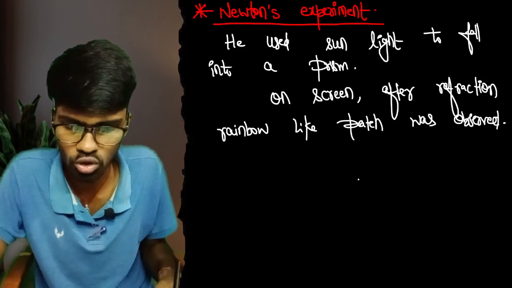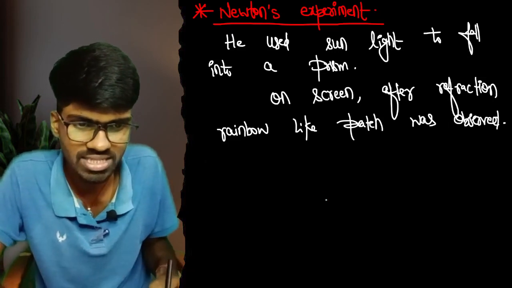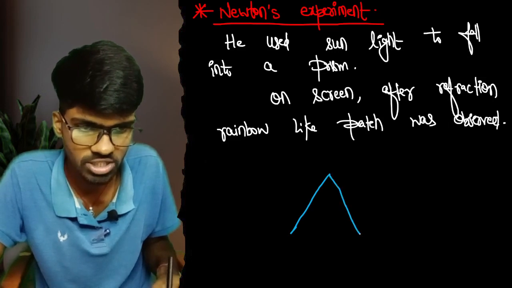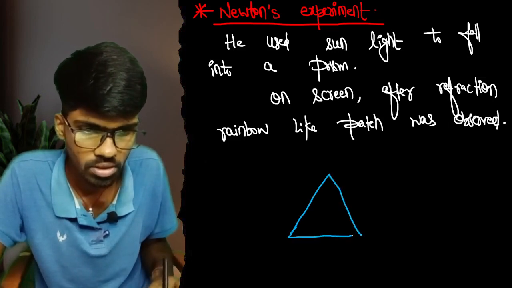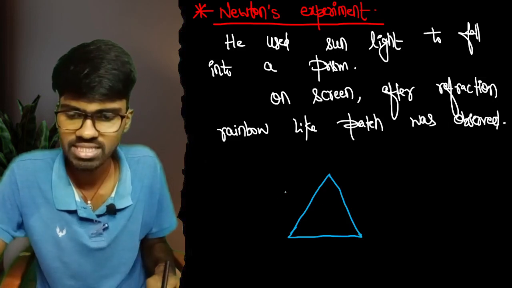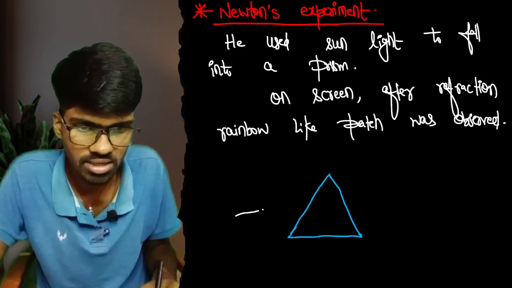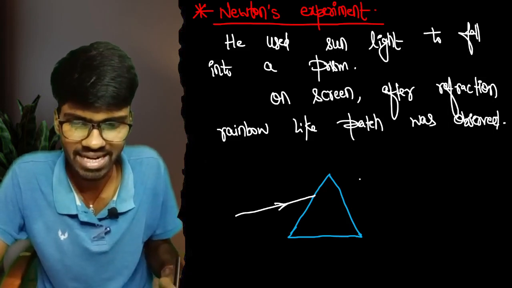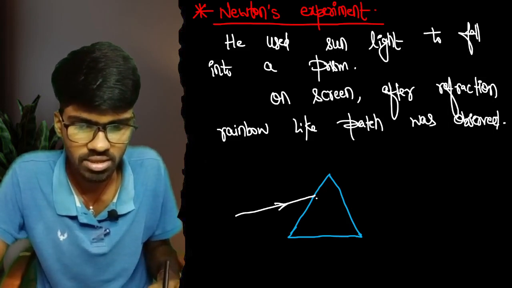Let us first draw the experimental setup in a very basic manner. It is a prism, and he makes sunlight fall onto the prism like this. Let's suppose it is sunlight. Light gets dispersed here.